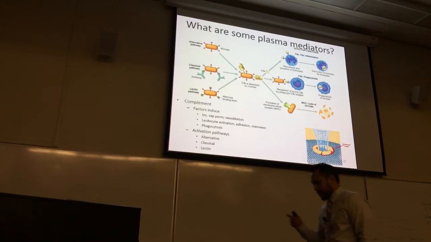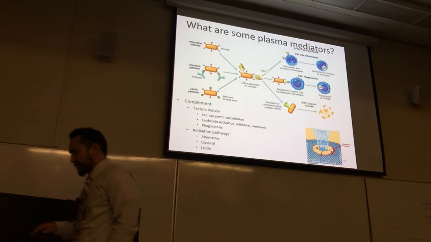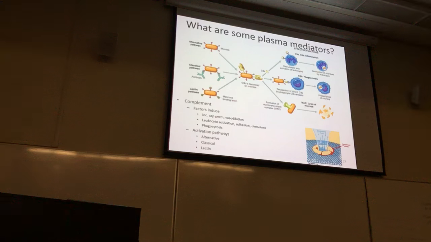Okay. If we look at the plasma mediators, sort of third on our list are these mediators known as complement. Now, complement is an interesting molecule. We're not going to spend a lot of time on it, but what I want you to know about it is the following.